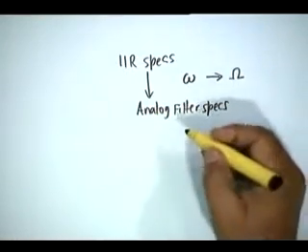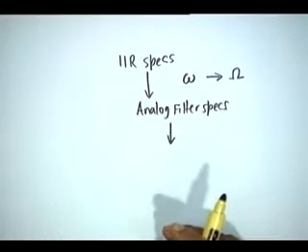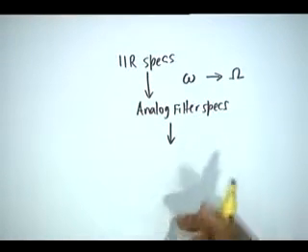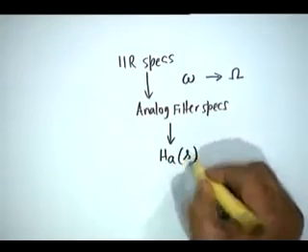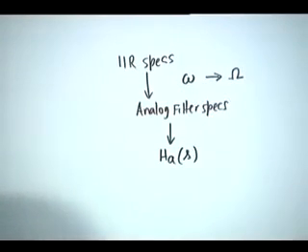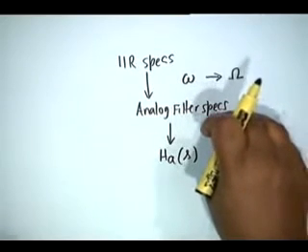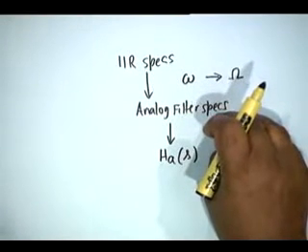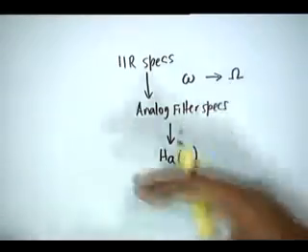From the analog filter specs, by the approximation techniques, you can design a particular analog filter to satisfy these specs, and this is normally done by transforming the analog filter to a normalized analog low pass filter, and then using the transformation back.